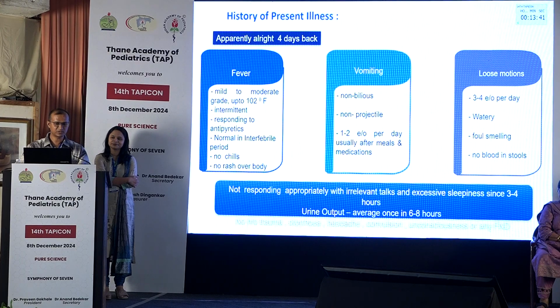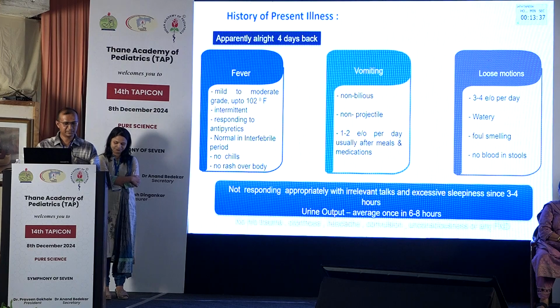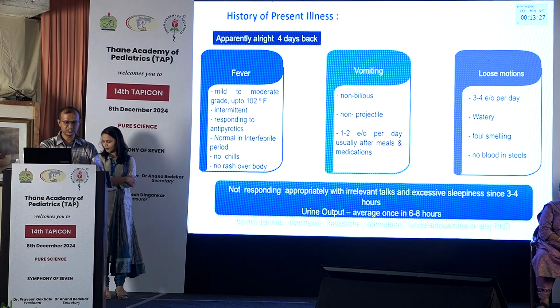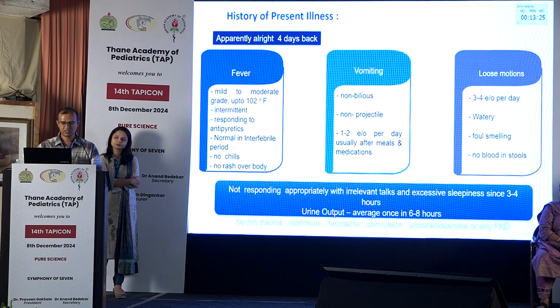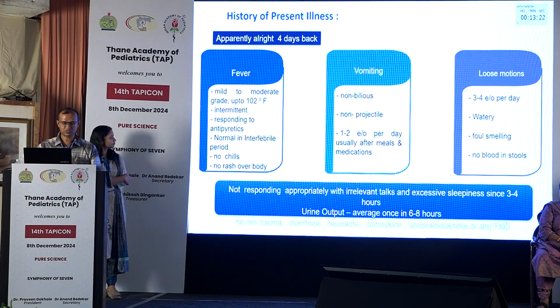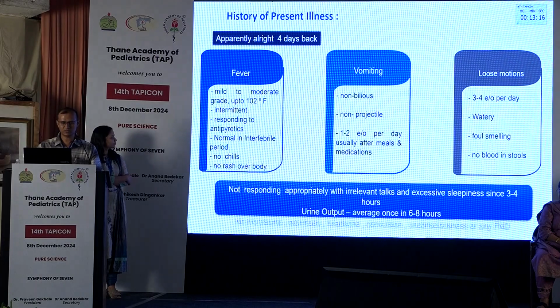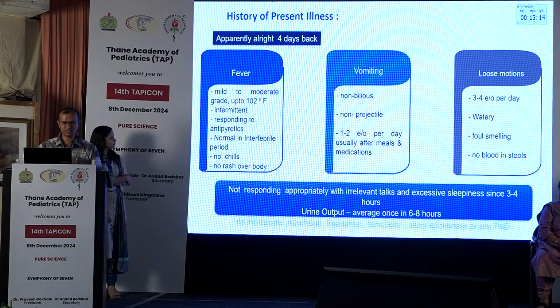Then she had mild to moderate grade fever up to 102, which was intermittent, responding to antipyretics, and she was normal in the interfebrile period initially. No chills, no rash over body. Vomiting was non-bilious, non-projectile, 1 to 2 episodes per day, usually after meals and after taking medication. Loose motions, 3 to 4 episodes per day, watery, loose, foul smelling, no blood in stool.